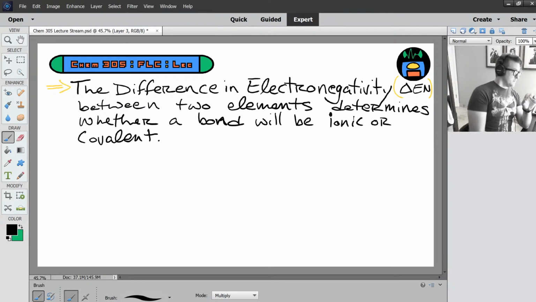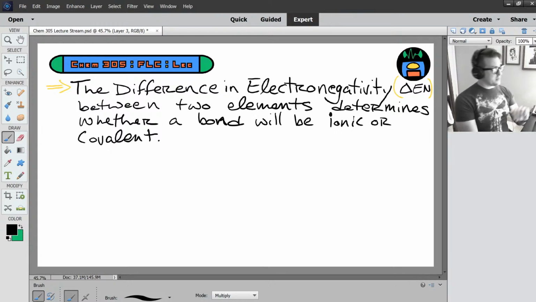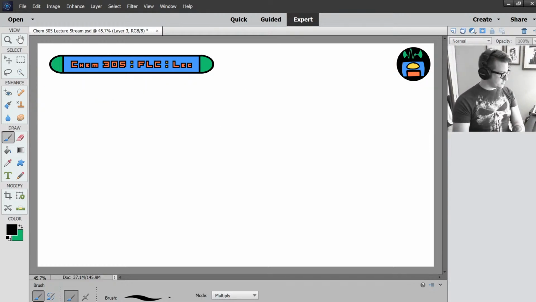So, what exactly do I mean by this? Here's what I mean. For example, let's look at a bond between carbon and hydrogen.